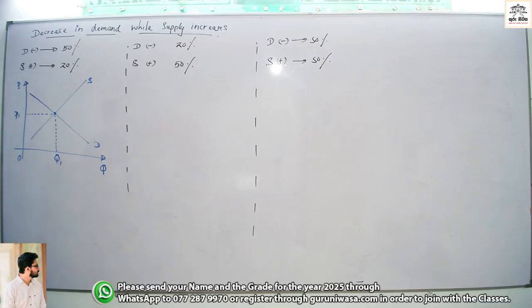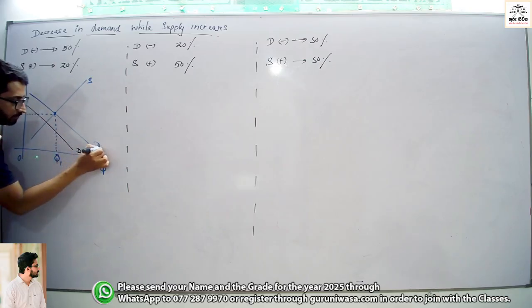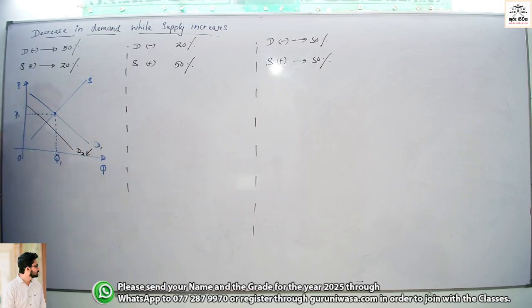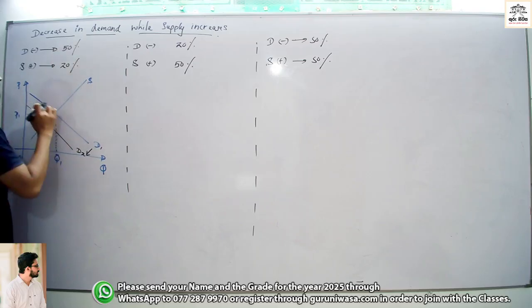Now what happens? The demand curve shifts to the left side like this. The supply curve shifts to the right side, but that percentage distance should be less than 50%.